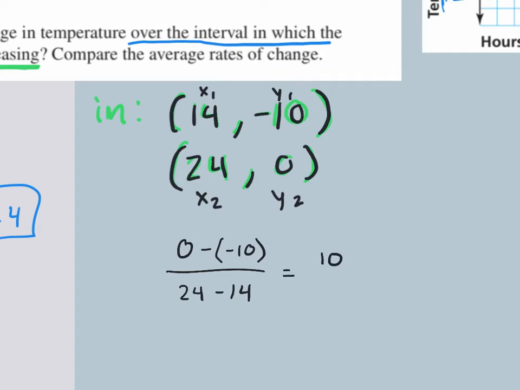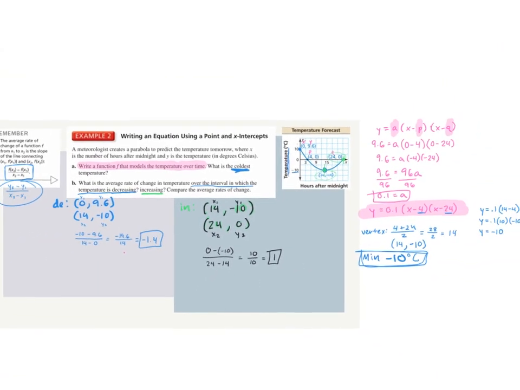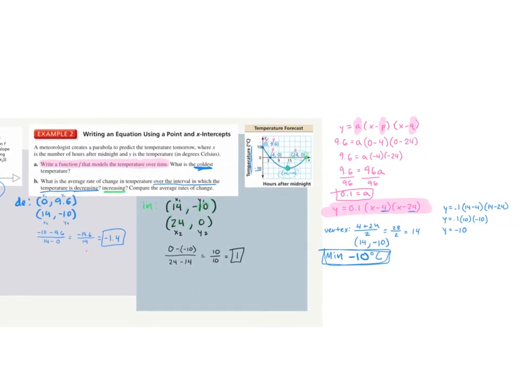And then 24 minus 14 is also 10. So our average rate of change is 1. Okay, so that is everything for example 2.